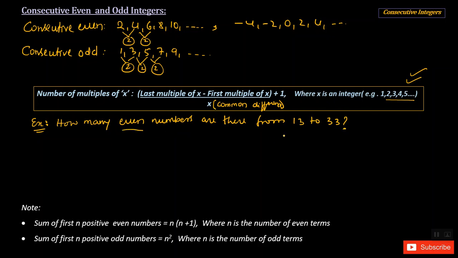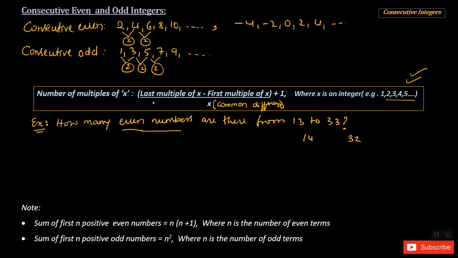But our number sequence is starting from 13 to 33, so you can't just take the last term as 33 and the first term as 13, as these are not multiples of 2, or these are not even, as I'm talking about the even numbers, right? Then the smallest even number in this range is 14, and the largest even number in this range is 32. You should not exceed 32 and you can't go below 13, right? So the largest is 32 and the smallest is 14.